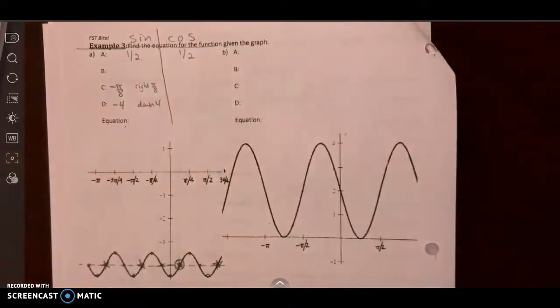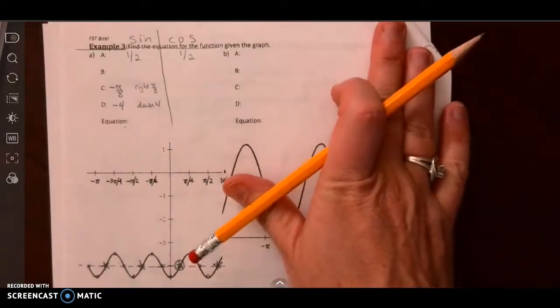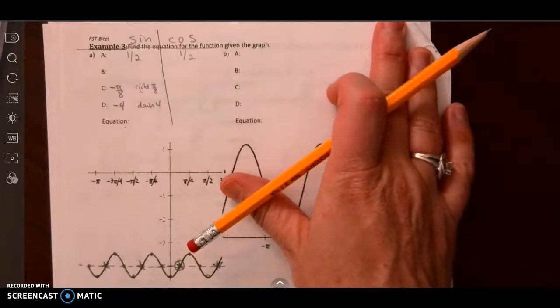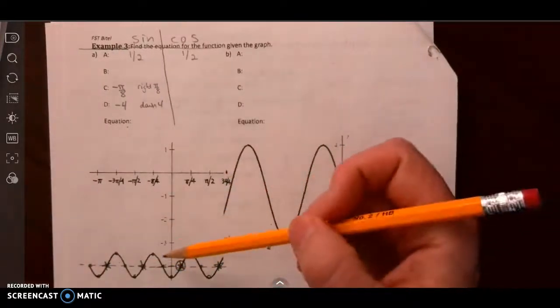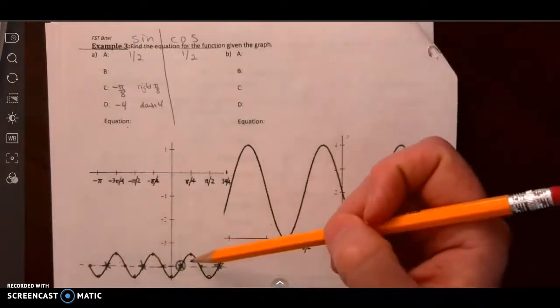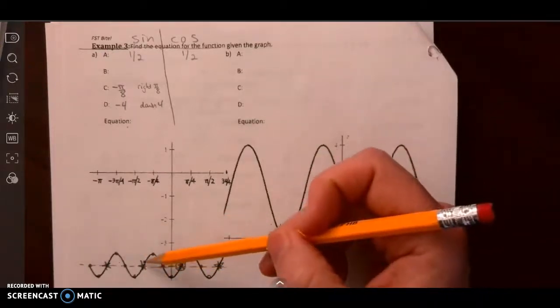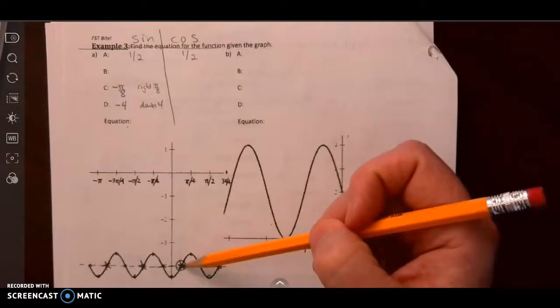Now, probably the part that people struggle with the most is figuring out the period, and from that period figuring out the B value. So I need to look at going from one starting point to another, what my full sine curve would take.